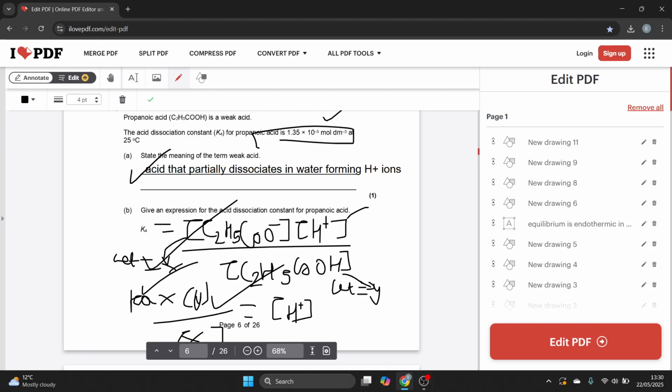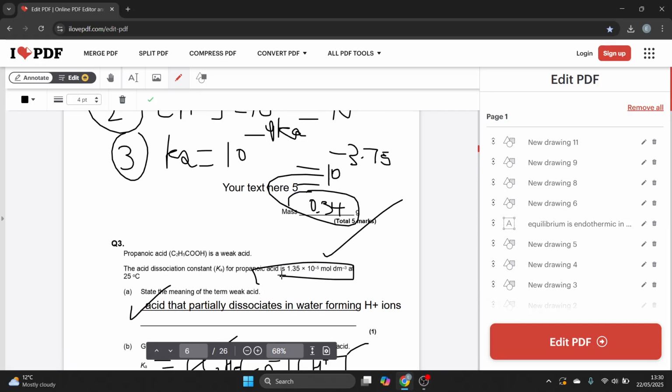And again, I would put this on a flashcard. So if I'm given a weak acid, then I assume that the concentration of H plus equals the concentration of A minus.